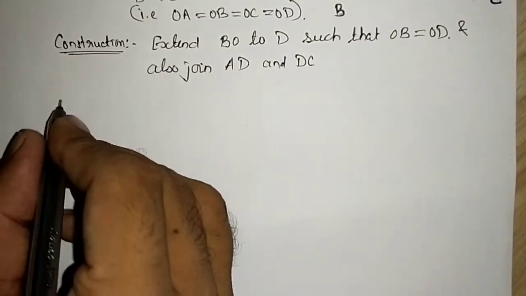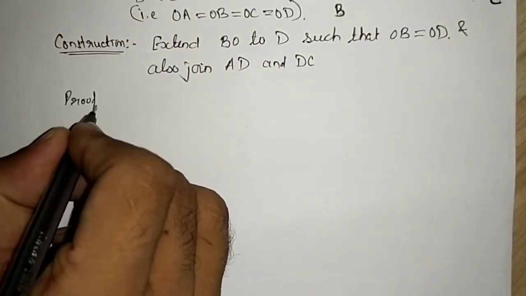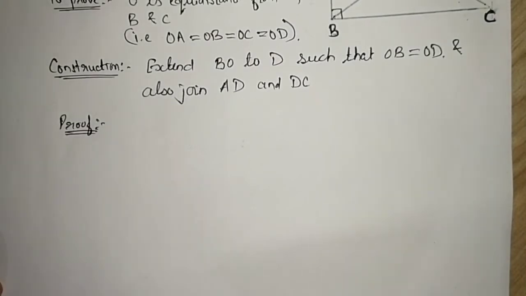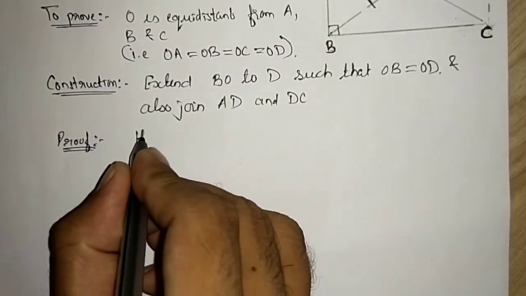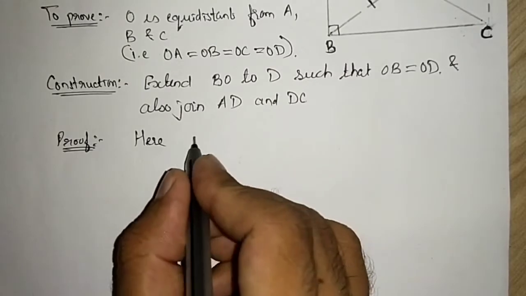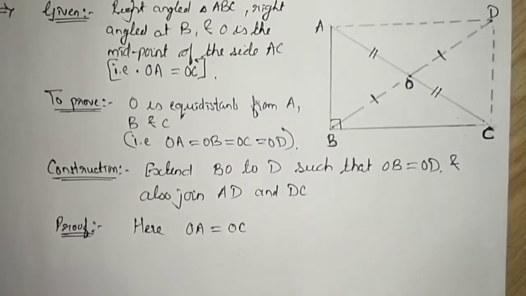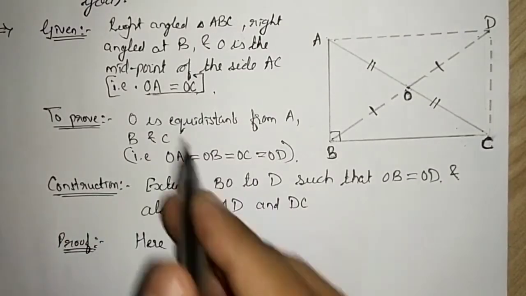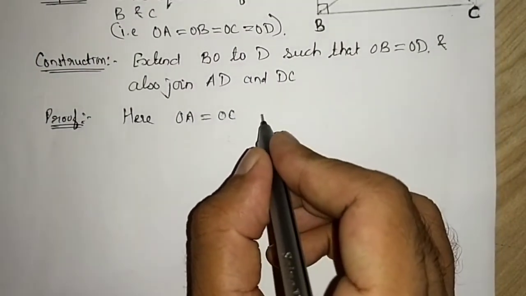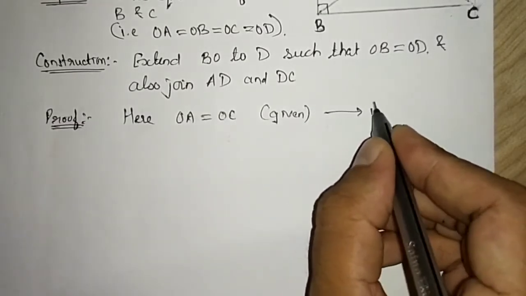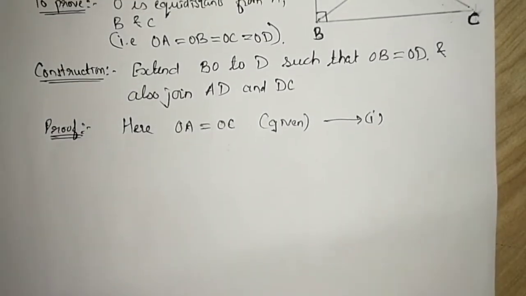Now we have to prove, so we will write proof. Here OA is equal to OC. They have given us, see, OA is equal to OC. So we will write the reason, because it is given. This I will write as 1.